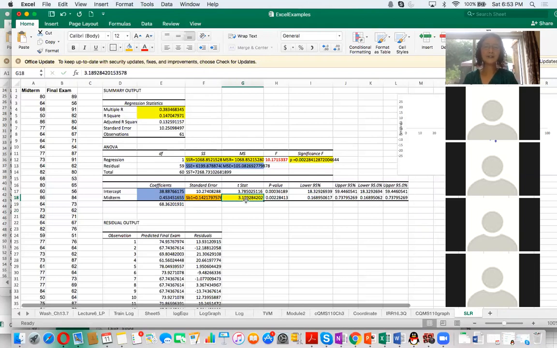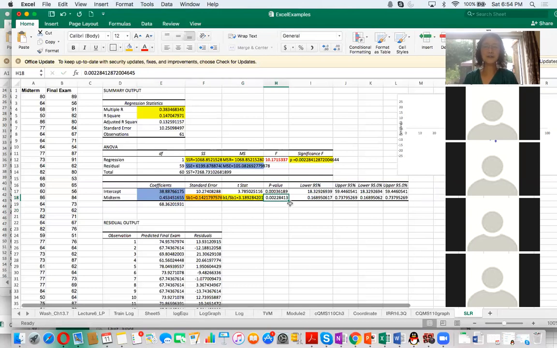And then you have the test statistic 3.189. The test statistic is just B1 divided by S_b1. So if you use 0.45 divided by 0.142, you should get 3.18.